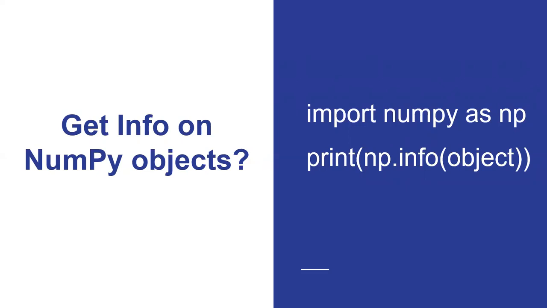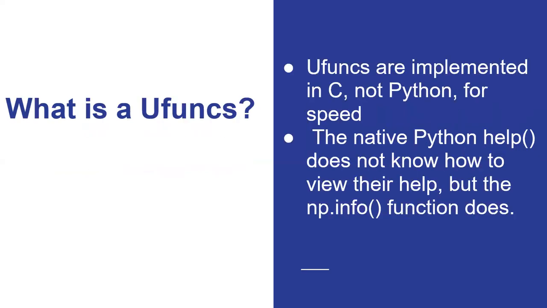The native Python help does not support that. You just have to call the np.info method and give the object name. For example, if you create an array A, then you do np.info and instead of the object, you put A here, and it will give you all the dimensions and all the details.